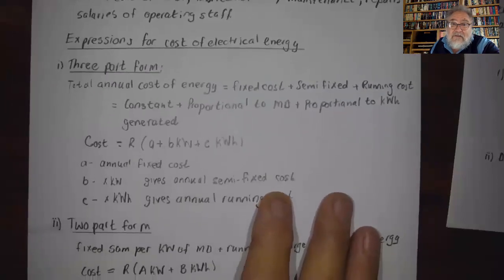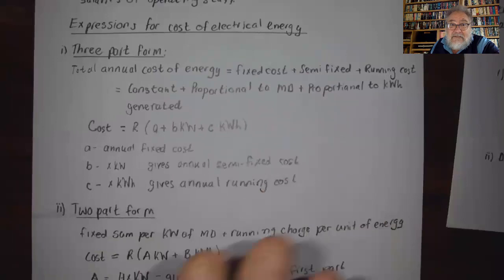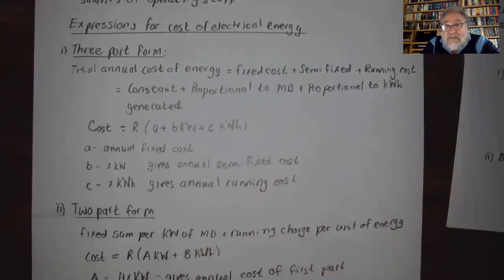Expression for the cost of electrical energy. We have a three-part form. Total annual cost of energy is equal to the fixed cost plus the semi-fixed cost plus the running cost. It is a constant, plus proportional to maximum demand, plus proportional to the kilowatt hours generated.